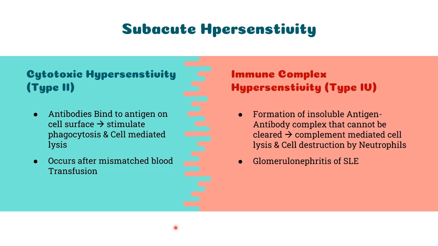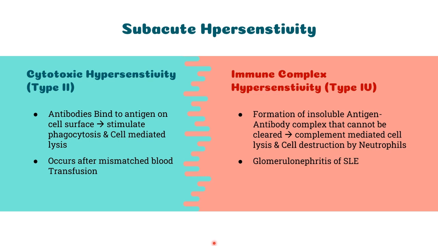In type 2, what happens is these antibodies bind to an antigen on cell surfaces, and they lead to stimulation of phagocytes, and they cause cell-mediated lysis. It mainly occurs after a mismatched blood transfusion. When a blood transfusion occurs, antibodies will be produced against these RBCs, and they will bind and cause cell lysis.